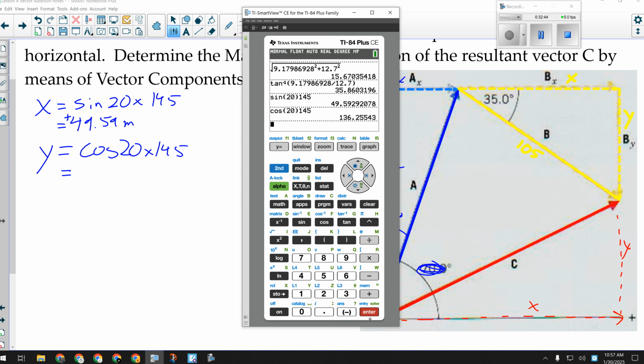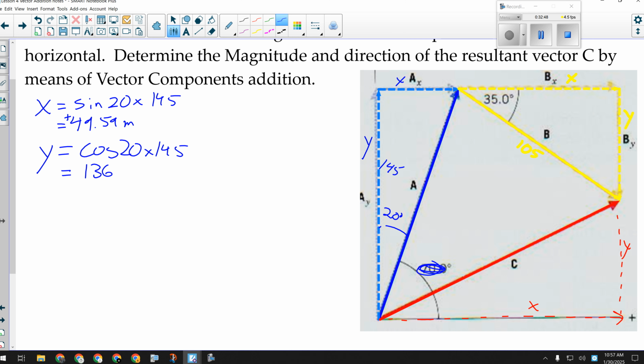So that side's 136.26. I'm just rounding off. I'm going to keep all those decimals in my calculator. And that is also positive because it is up.